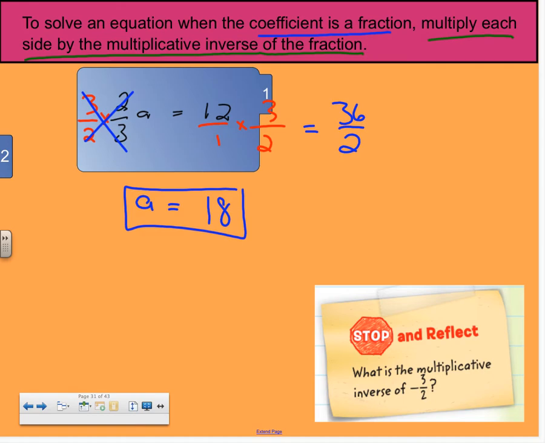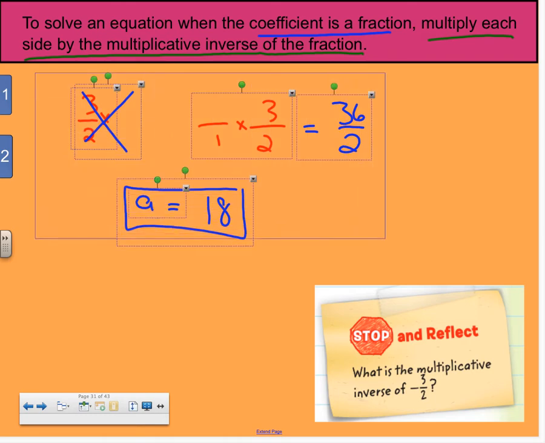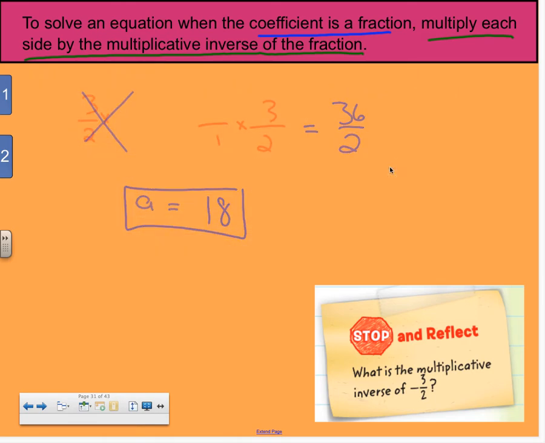All right. So besides some minor errors in division or multiplication, do we understand the basic concept? I have a coefficient that's a fraction, multiply both sides by the multiplicative inverse. All right? Now, let's move on to example 2, and it includes the same process with one more step.